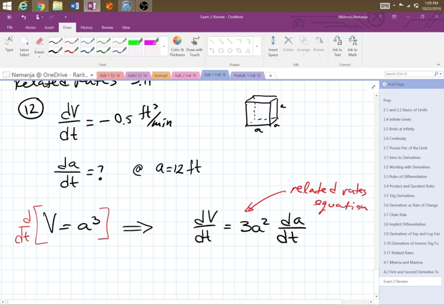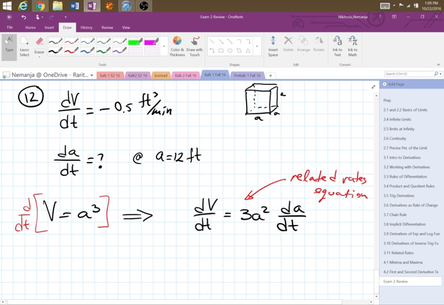And now all we need to do is plug everything in. We have negative 0.5 equals 3 times a, which is given as 12, squared, and then da/dt is what we are looking for.